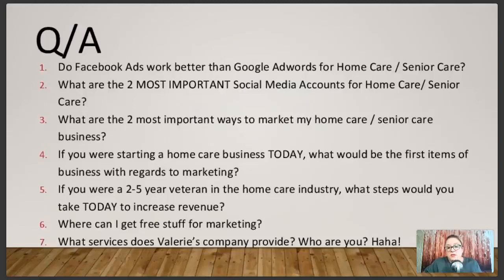So we deal with clients who service the developmental disability market all the time, and you can absolutely market exactly the same way. They all need support. They all need encouragement. They all have family caregivers, or most of them. So definitely do all of this for the developmental disabilities market. You just have to skew it to make sense for you.